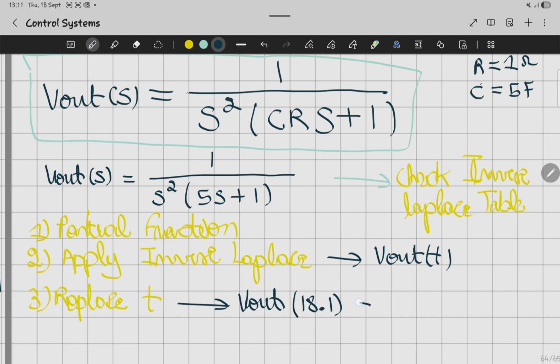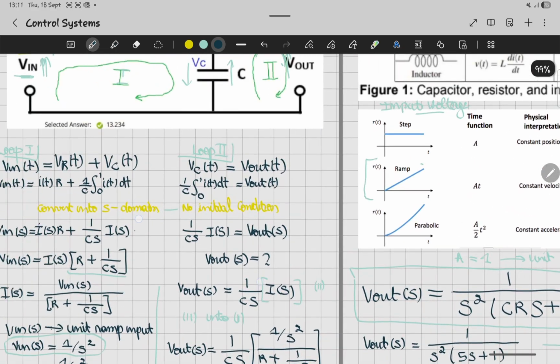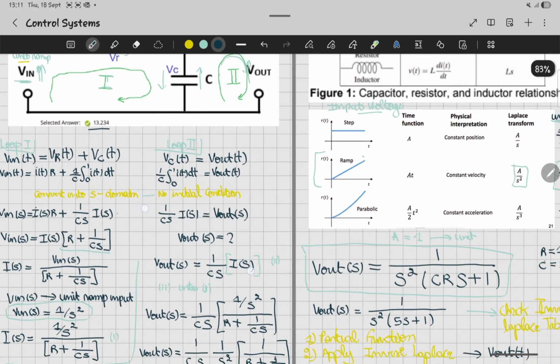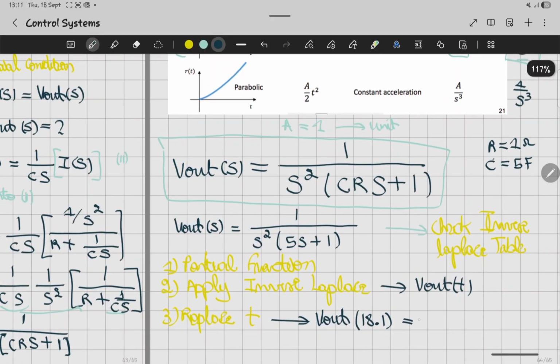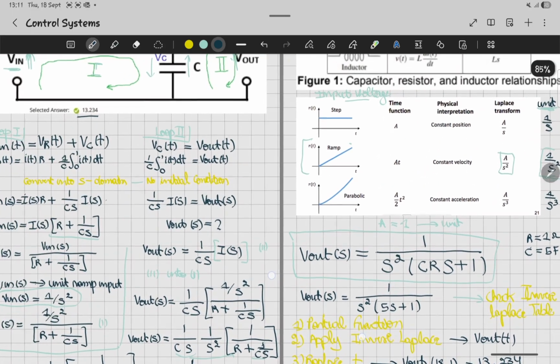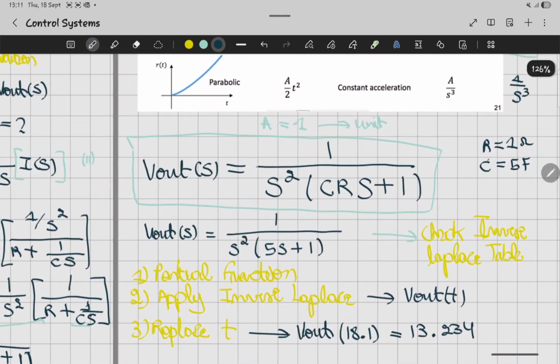Then you should be able to get the answer you see here. What is the answer? 13. Then you're going to get this answer, 13. Okay, you should be able to get this answer from here.